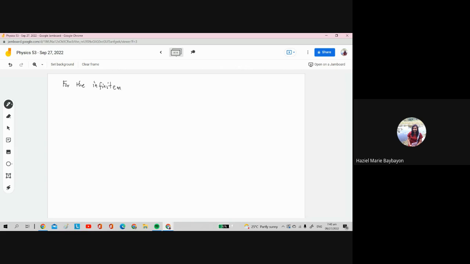Katong dA class, infinitesimal. Okay. It has no fixed form. Okay? So it has no general expression. So ang atong buhaton is we have to analyze the geometry.